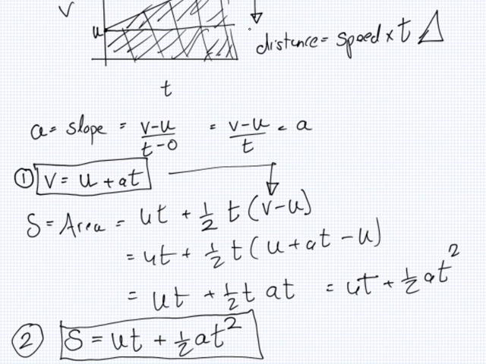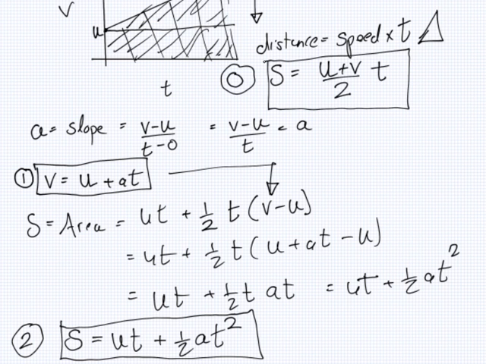But let me just clean this up a little bit. What letter represents distance? S. Now the problem is we have two speeds. The speed changes, and maybe you remember what I said to do last time. Average. So that would be U plus V over 2 times T. This is called formula zero.